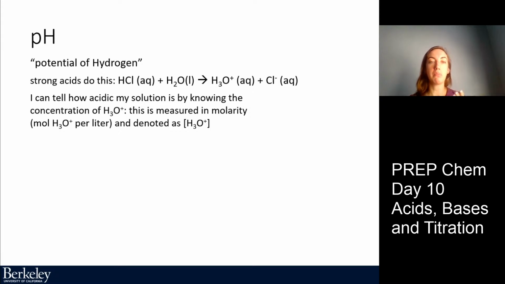The way that we measure that concentration is in molarity, which I think we talked about yesterday. So molarity of H3O plus is defined as the moles of H3O plus per liter of our solution. And we denote molarity using brackets. So brackets around H3O plus means molarity of H3O plus.